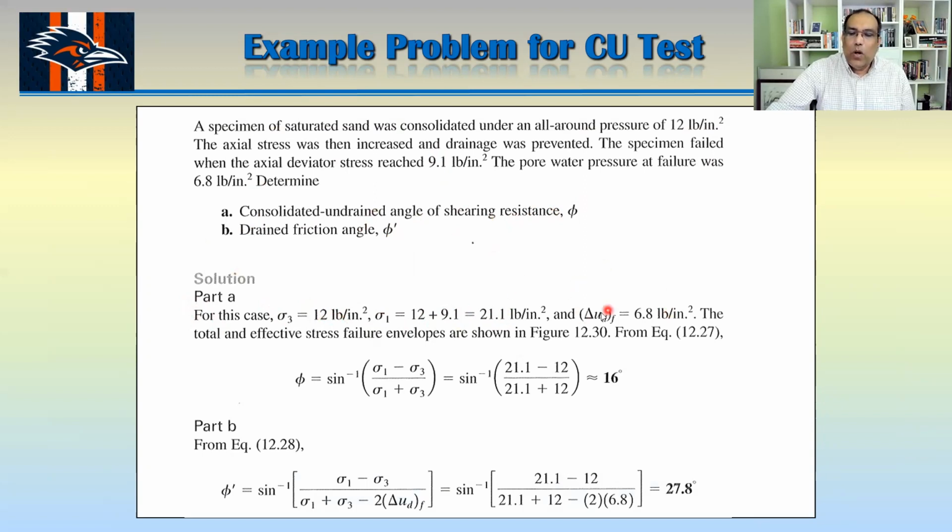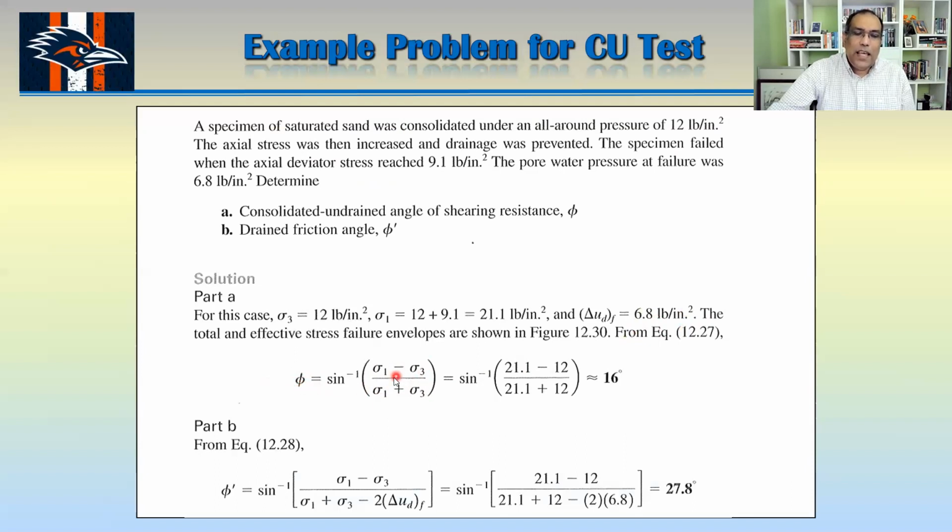And then your pore water pressure is also given here, but we are not going to use that one first. We just want to find your phi, which is sine inverse of sigma 1 minus sigma 3 divided by sigma 1 plus sigma 3. The difference is here, everything is in terms of total stress. Okay, everything is in terms of total stress.